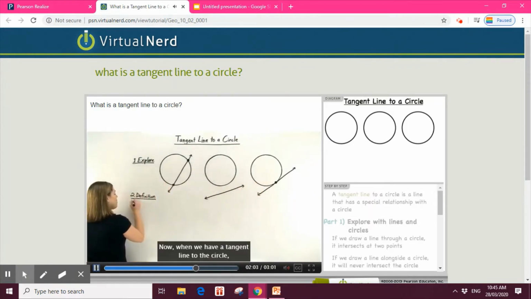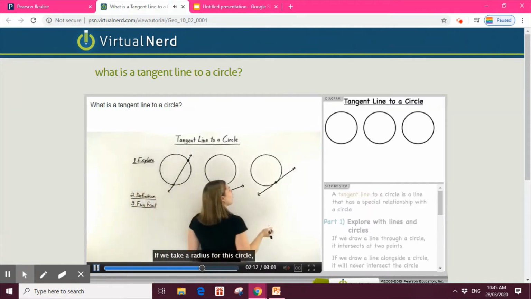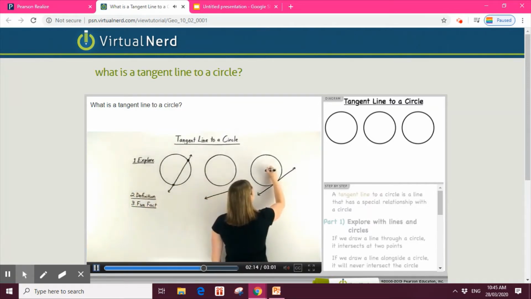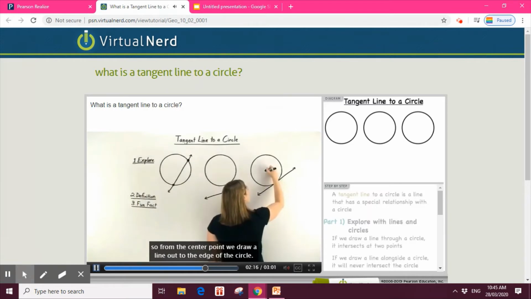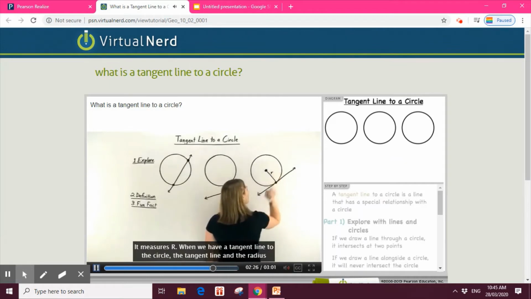Now, when we have a tangent line to the circle, that tangent line has a special relationship with the radius. If we take a radius for this circle, so from the center point, we draw a line out to the edge of the circle. And here, let's make that line connect up with that point of tangency. So here we have a radius. It measures r.